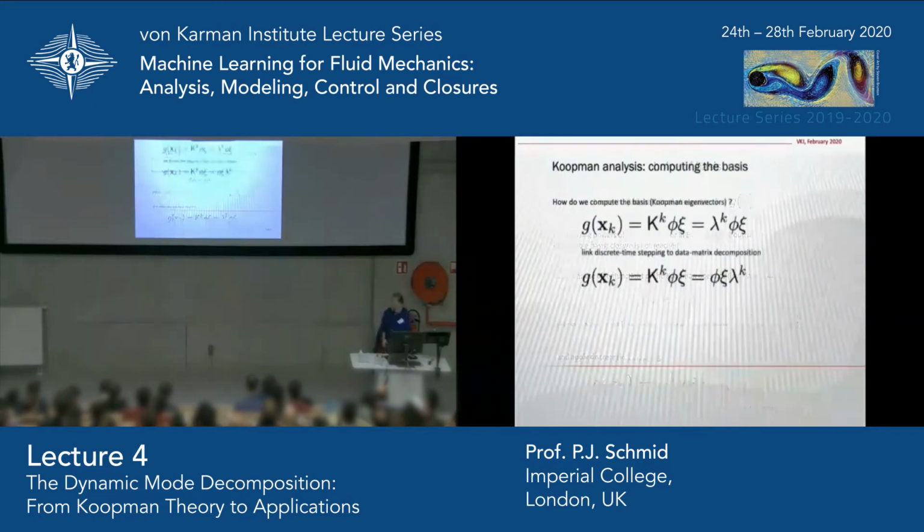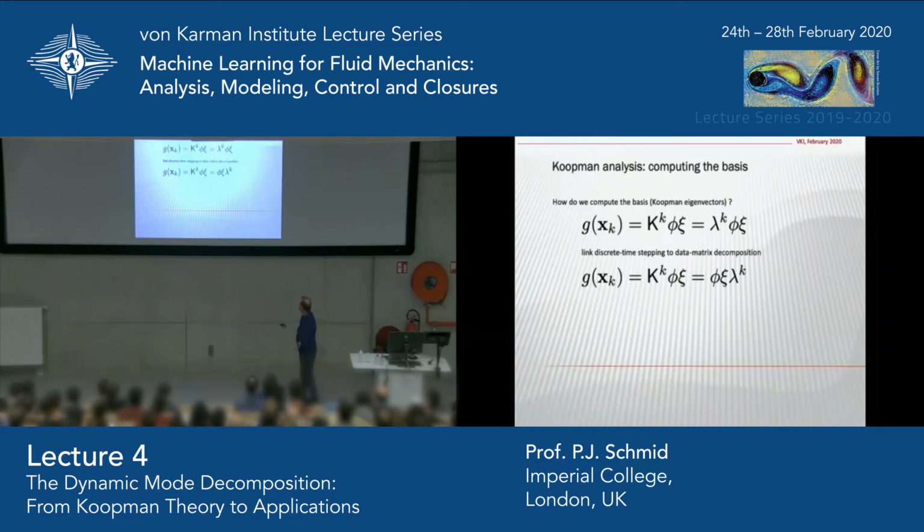Okay? So with this general strategy, the question has been turned from figuring out the proper observables. We have figured them out now, but now we have to decide how we actually get these things out. So how do we compute the basis, the Koopman eigenvectors? We're going to link that to a data matrix decomposition through time stepping.